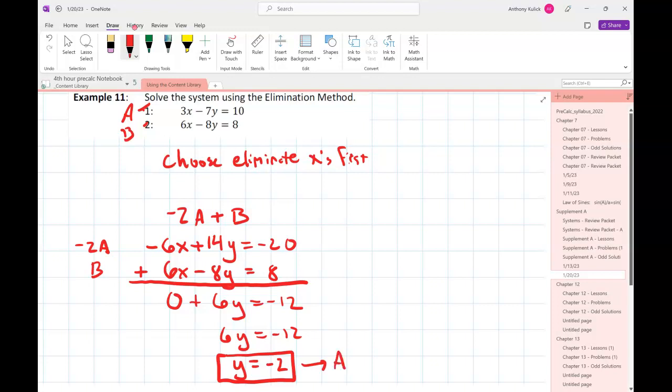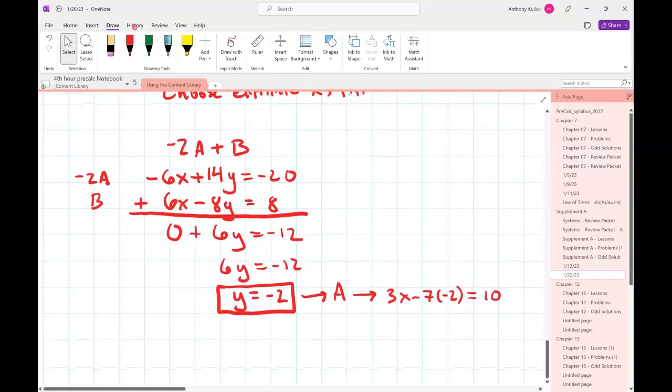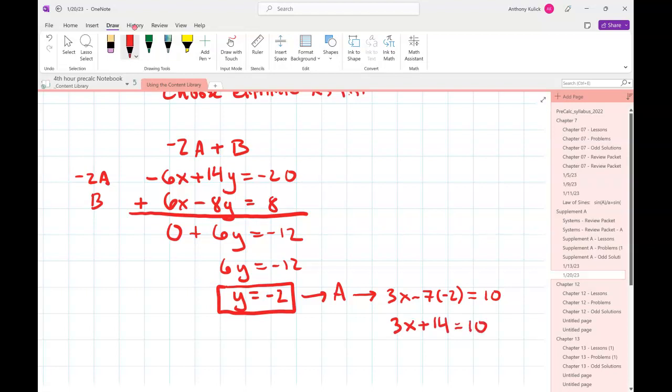For alphabetical sake, I'm going to plug that into A. So instead of y in equation A, I'm going to put in the -2. So that gives me 3x plus 14 is equal to 10.